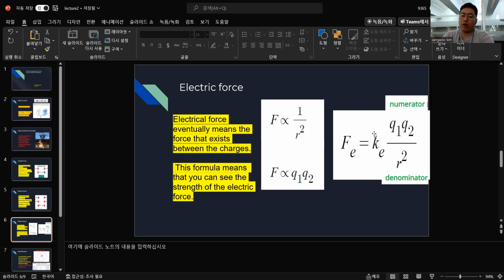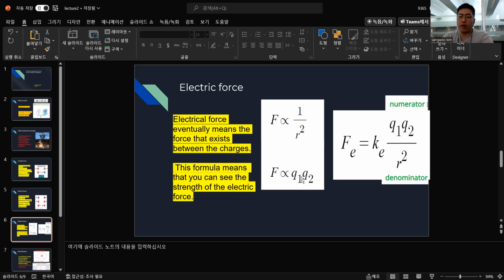If there's an equation, this upper side, the numerator part, is proportional, you know what I mean? Just a proportional effect. But instead, the denominator, this under part, we say inversely proportional. Just the reverse, you know what I mean?